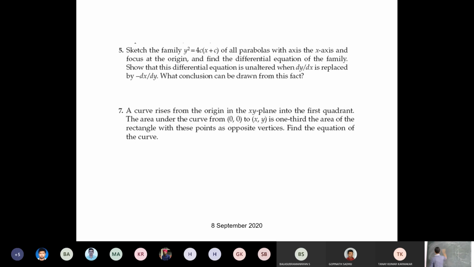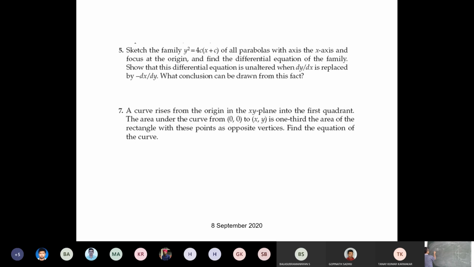Okay, fine. So now let me first try to find the differential equation of this family of parabolas. If I differentiate it with respect to x, 2y dy dx is going to be 4c.